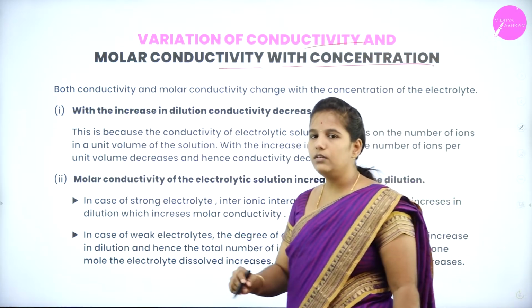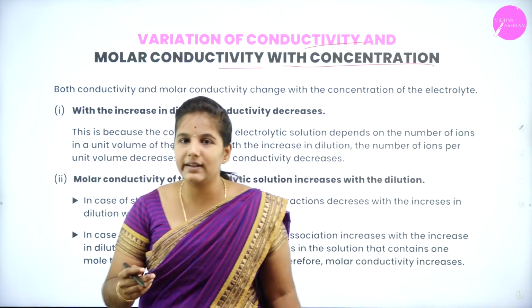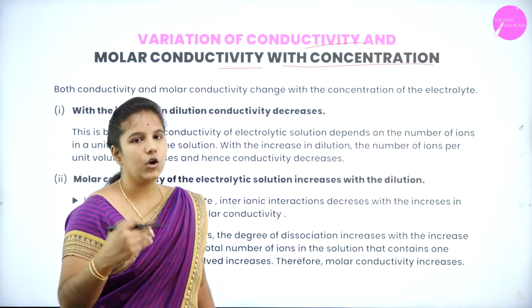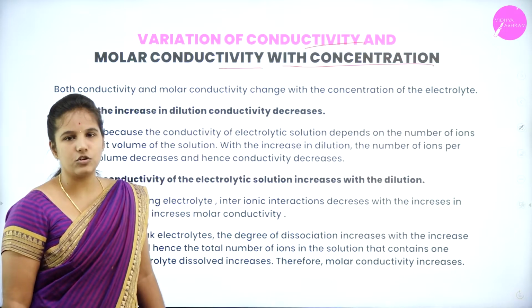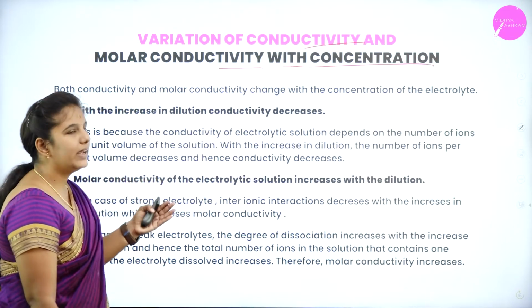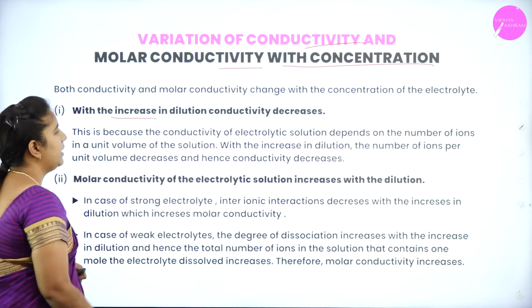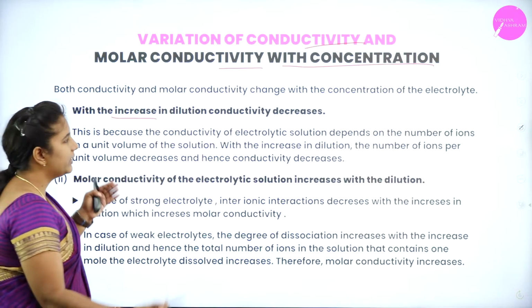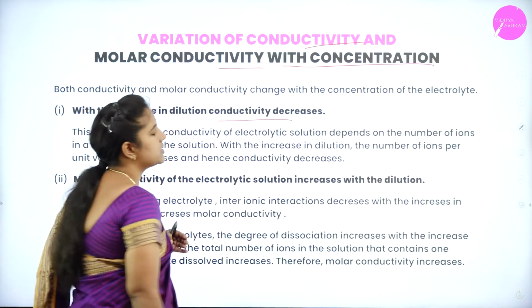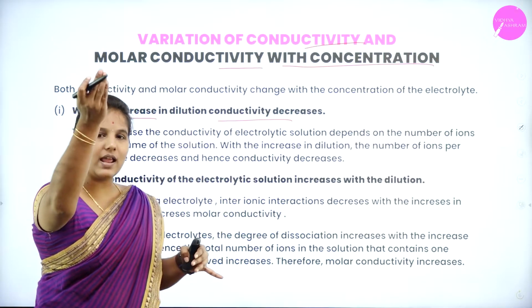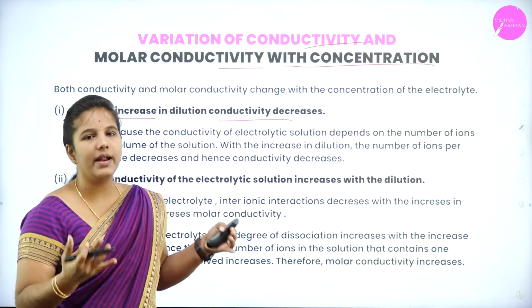Let's see how the conductivity and the molar conductivity vary with the concentration of the electrolyte. So first I'll go for the conductivity. Usually when we increase the dilution, conductivity will decrease.